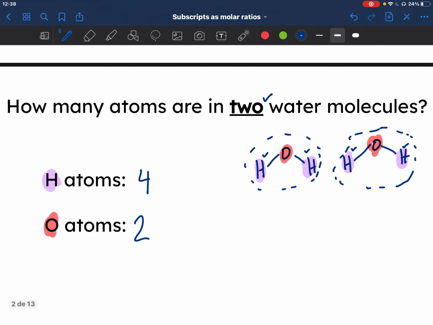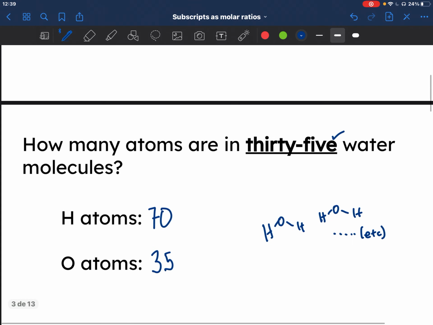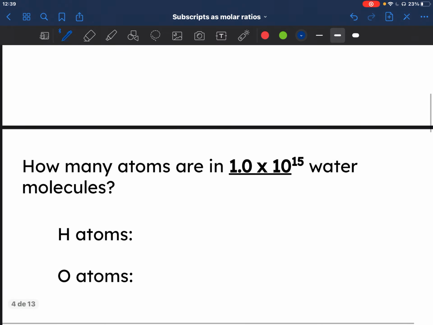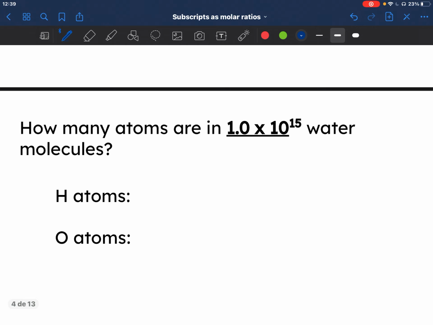So the same pattern here. If I had 2 water molecules, I'd have 4 hydrogen atoms, 2 oxygen atoms. I can scale that up. If I have 35 water molecules, I'd end up with 70 hydrogen atoms, 35 oxygen atoms. I could keep scaling up if I want to an even bigger number.